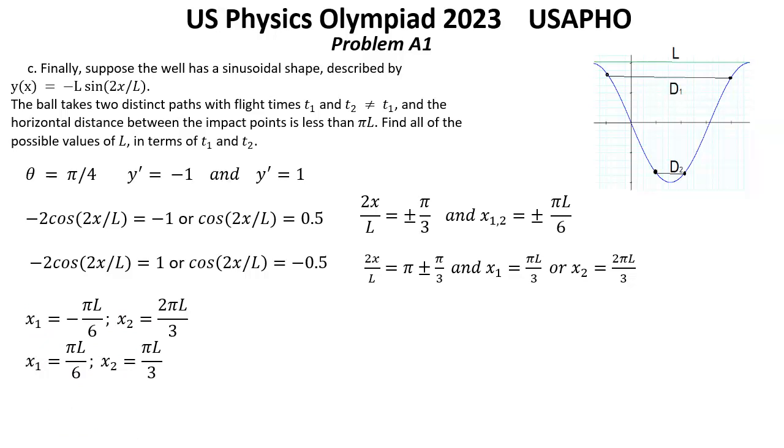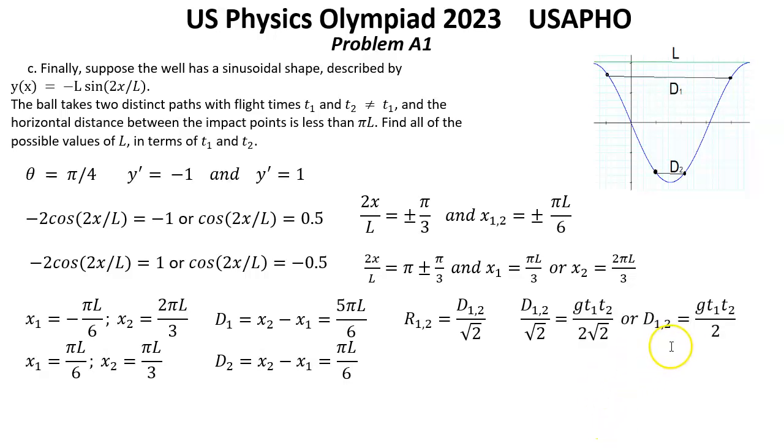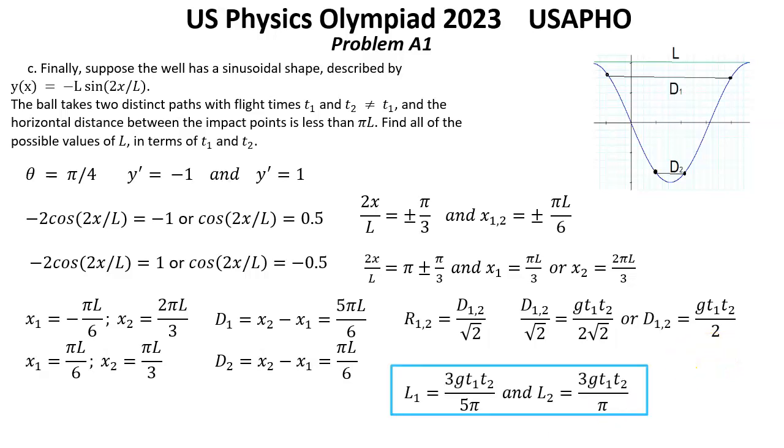The first case gives us d1 equal 5 pi L over 6, and the second case gives us pi L over 6, which corresponds to radius r1, 2 equal d1, 2 over root 2 from question B. Using results from this question B, we have d equal g t1 t2 over 2, or finally L1 equal 3g t1 t2 over 5 pi, and L2 equal 3g t1 t2 over pi.